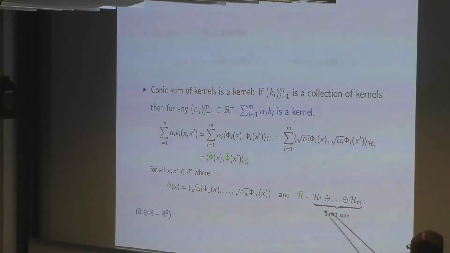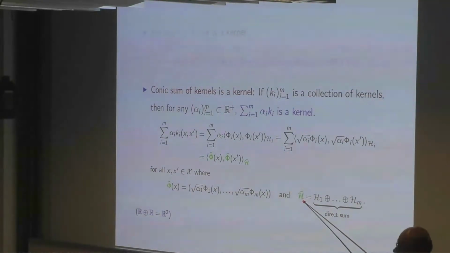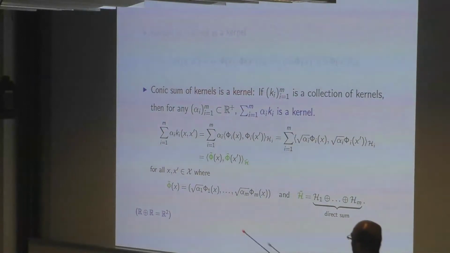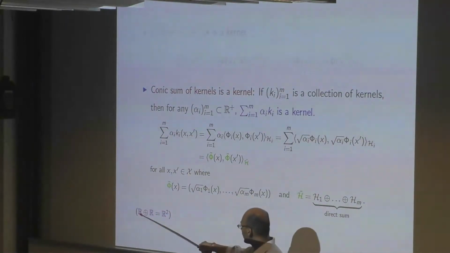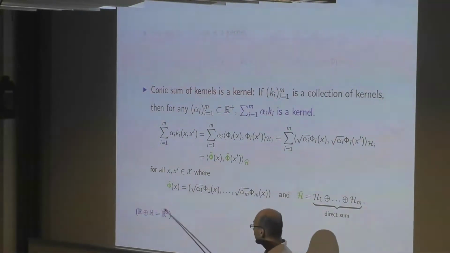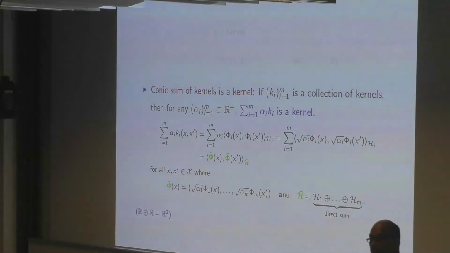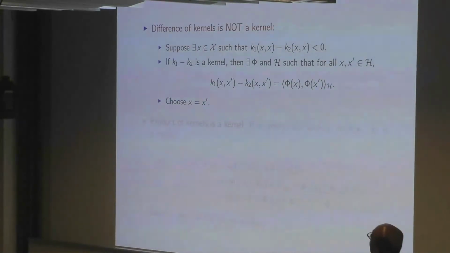What this direct sum essentially says is, an element in H tilde can be decomposed as elements in each of them. For example, the direct sum of the real line and the real line gives me R2, because if I give you a vector (x, y), I can write that as (x, 0) plus (0, y). So I have now decomposed it into 2 elements that belong to the reals.